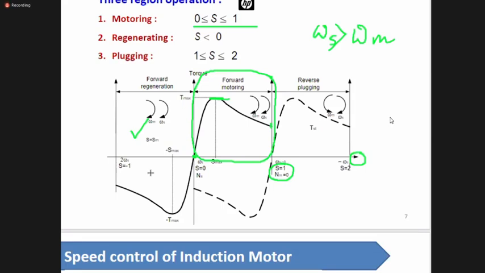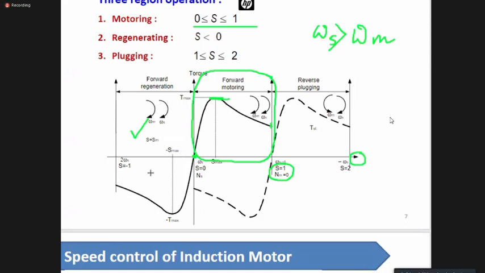Because you are running the turbine with some sort of external force. So you are giving some mechanical input, and the machine is somewhere connected to the grid. You will find that this machine is injecting some amount of power into the grid. It is no more consuming as a motor, rather it is supplying power to the grid. So it is behaving like a generator.